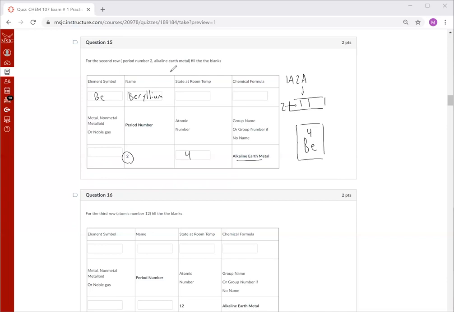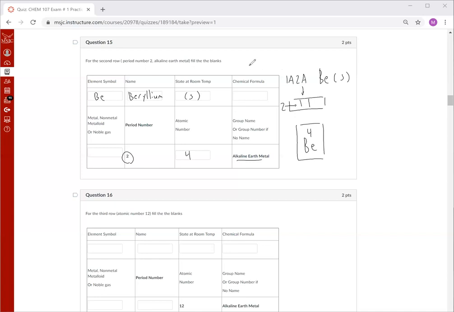The state at room temperature. What would you guess would be the state for beryllium? Solid. Yep, it's a metal, so it's overwhelmingly going to be a solid. Additionally, what else do we know about it? What else can we figure out?